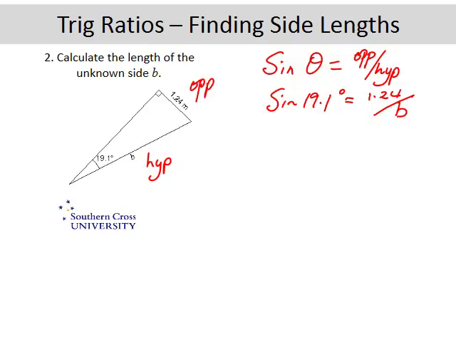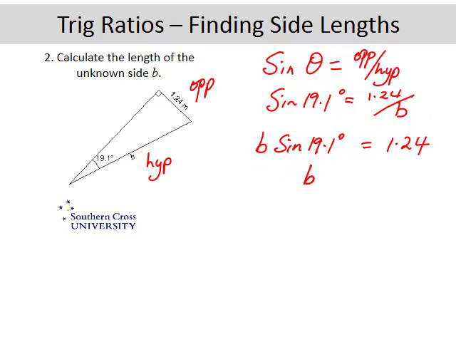Now, to rearrange this, we need to get b out of the denominator and into a numerator. So what we're going to do is multiply both sides by b. So that means b times sine 19.1 degrees is equal to 1.24. Because when you times both sides by b, it appears on the left hand side and cancels out on the right hand side.